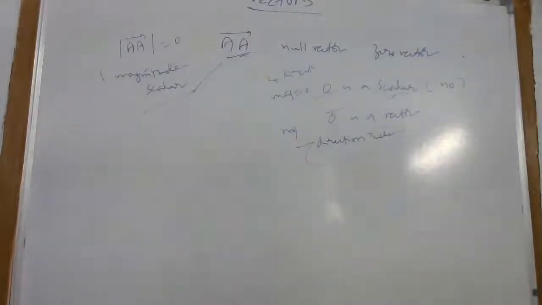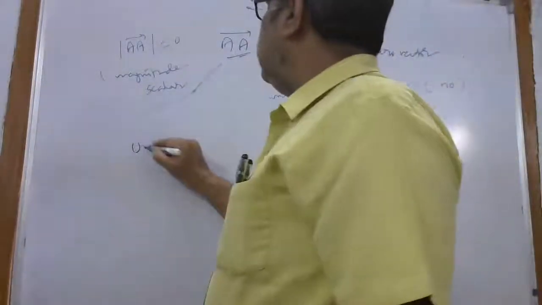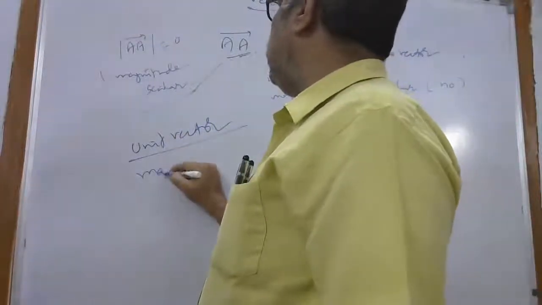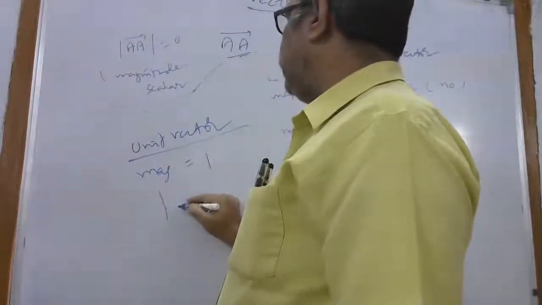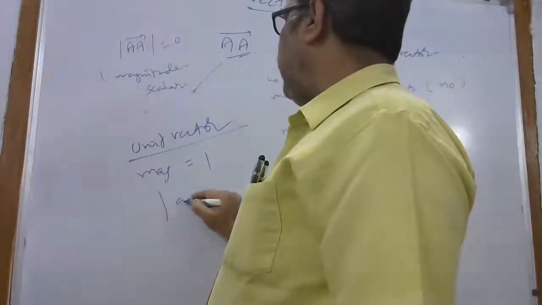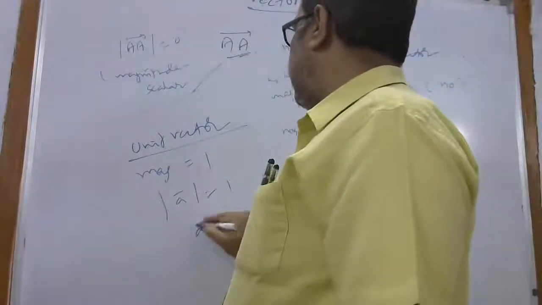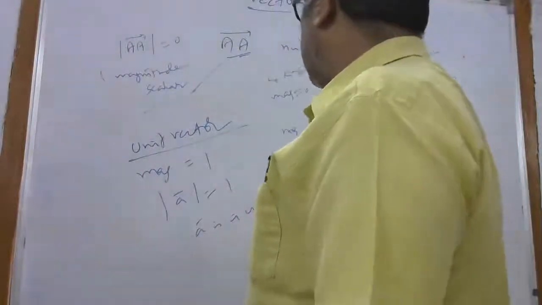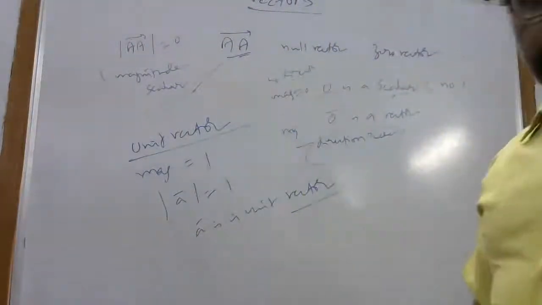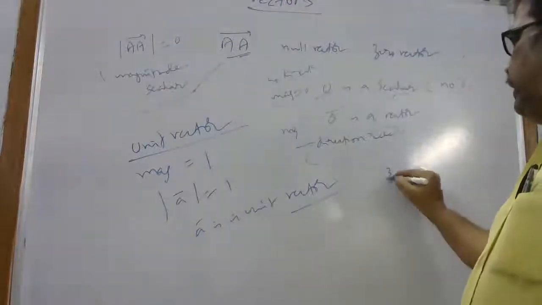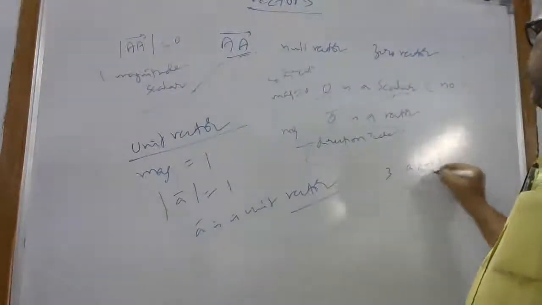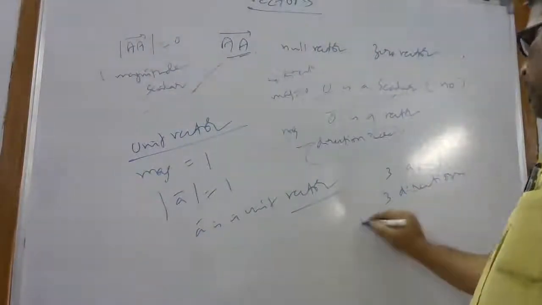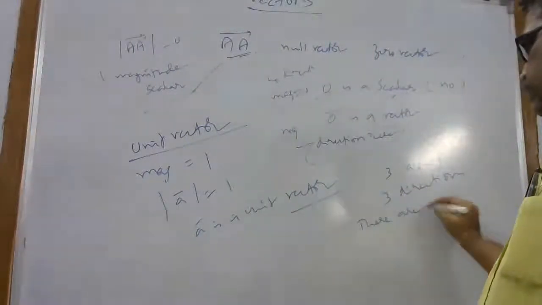Next, I told you unit vector. A unit vector is one whose magnitude is equal to 1. Magnitude is modulus. Modulus of A bar equal to 1 means A bar is a unit vector. So whose modulus is 1, that is called the unit vector. Now for 3 axes, 3 directions, there are 3 unit vectors.